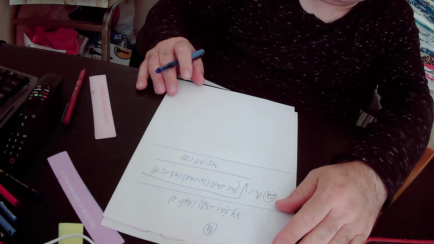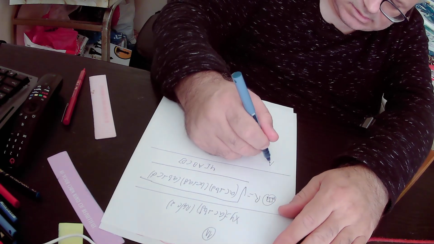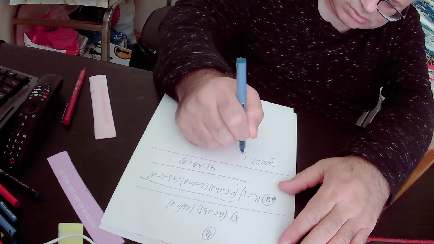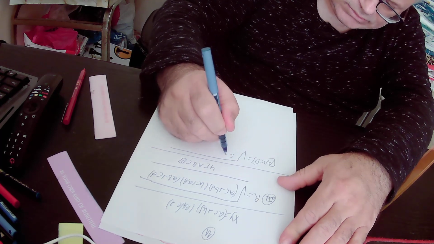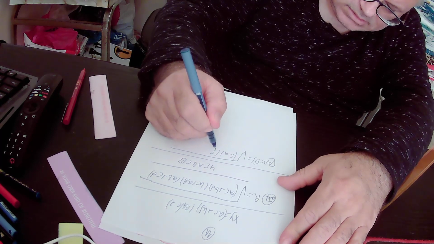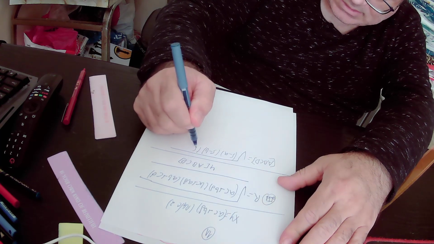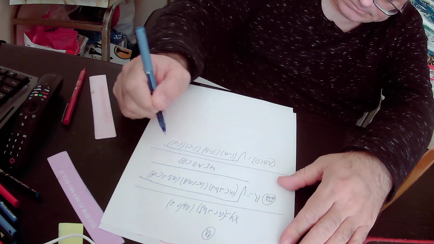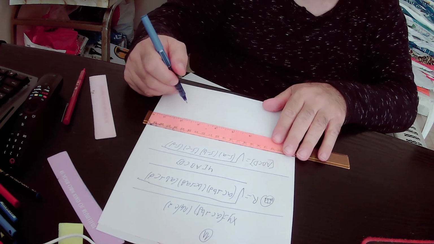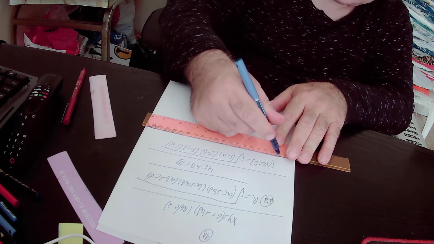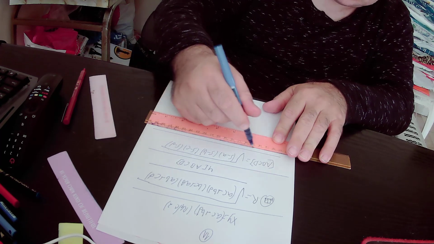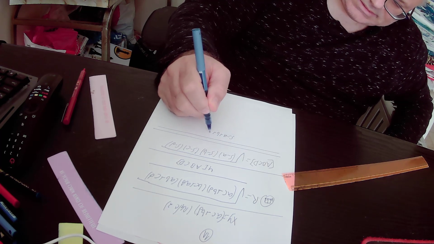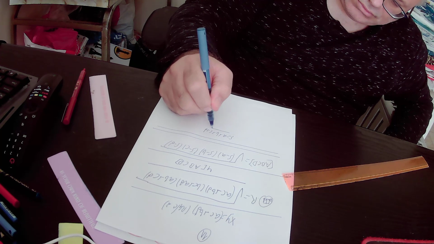The area of quadrilateral ABCD, according to rule number 1, equals the root of S minus A times S minus B times S minus C times S minus D, where A, B, C, and D are the lengths of the quadrilateral ABCD sides, and S equals A plus B plus C plus D over 2.